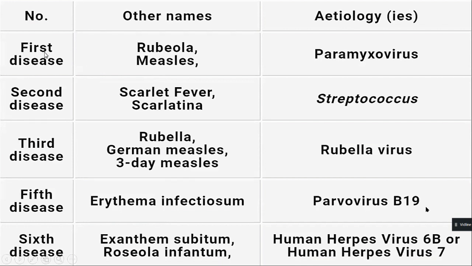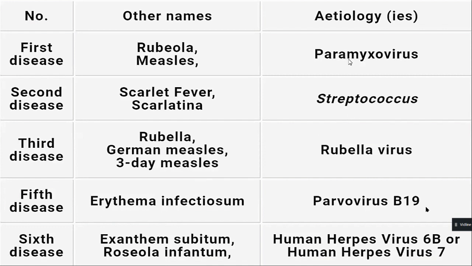Okay, so here first disease equals measles. Second disease, scarlet fever. Anyway, it's not common, so scarlet fever. Third disease, rubella or German measles. 3-day measles, it's not common. Fifth disease, so erythema infectiosum. Sixth disease, so exanthem subitum or roseola infantum.